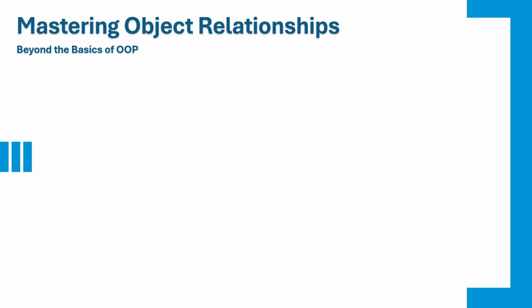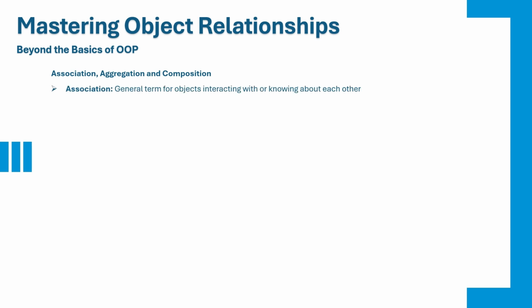In object-oriented programming, we can categorize relationships between objects into several forms. At the core of these relationships is association. Association simply means one object knows about or interacts with another object. It could be as simple as one object calling a method in another.